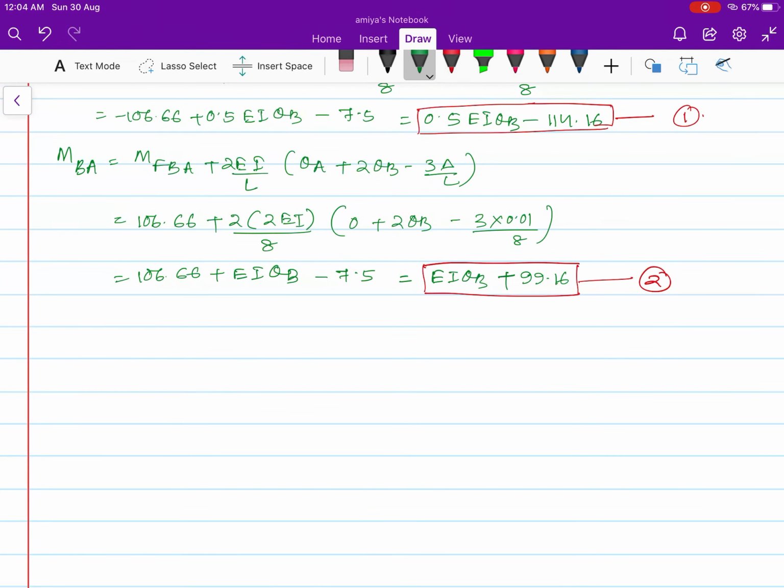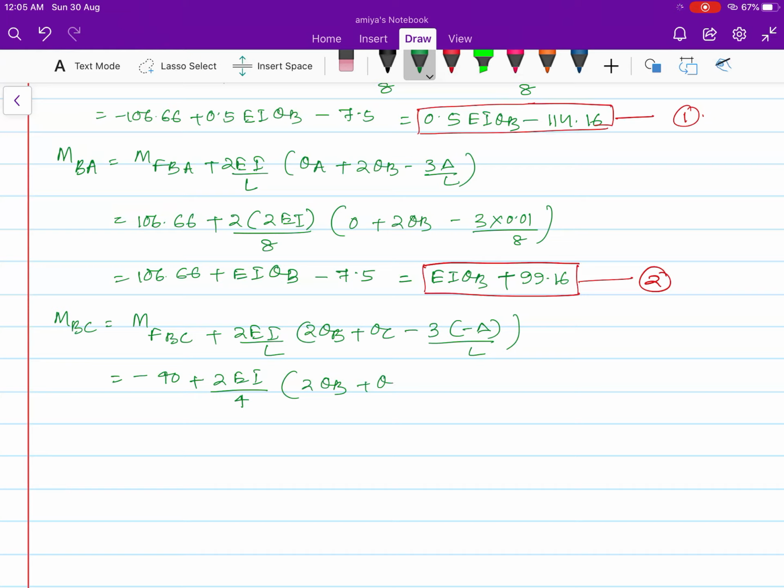Next, for the span BC, MBC is fixed end moment BC plus 2 EI by L, 2 theta B plus theta C minus 3 into minus delta by L. So this is minus 40, plus 2 EI is given EI only, L is 4, theta B plus theta C plus 3 into 0.01 divided by 4.